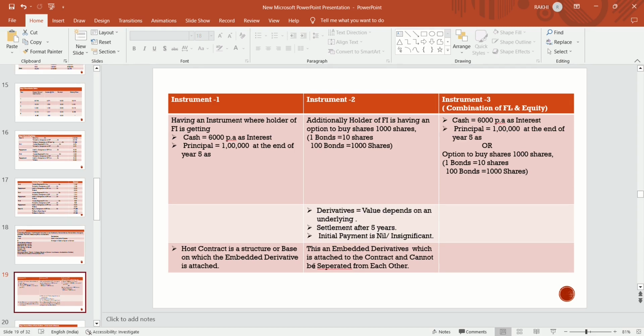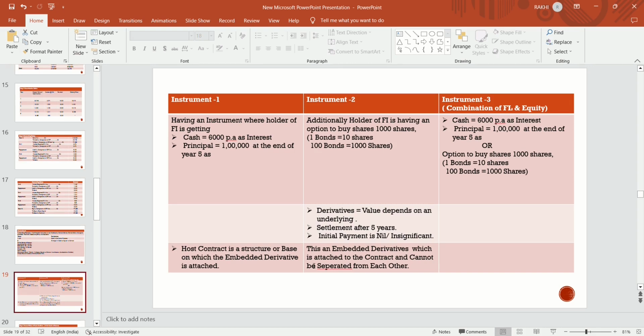In instrument 1, if the holder has the option to receive cash, which is the interest part at 6,000 per annum, and the principal of 1 lakh at the end of year 5, then this is purely a financial liability. It is an obligation on the issuer to deliver cash, and it is a right of the holder to receive cash.